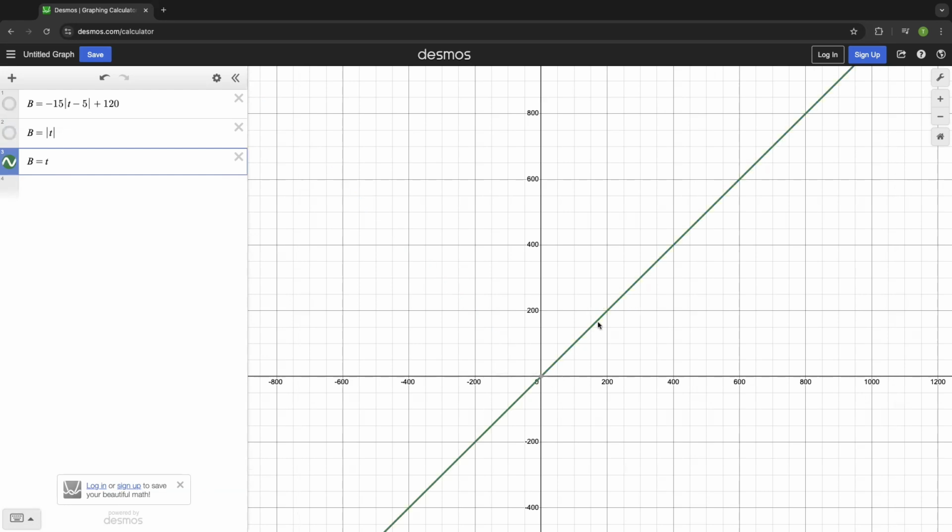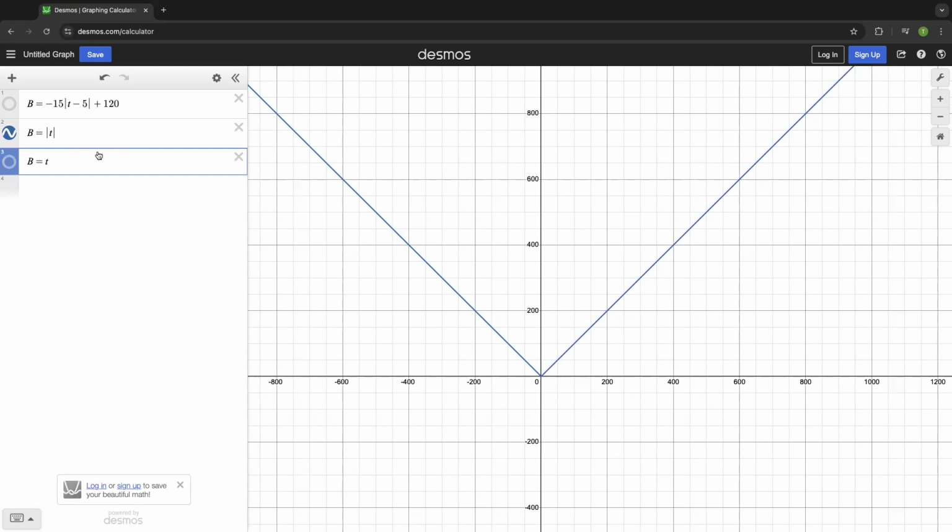You see how this is a straight line and it just goes down to the negative here. In the absolute value, remember, anything that's negative gets reflected and becomes positive, which is what is happening here. This green part is just getting reflected across the x-axis and becoming positive. So that's our original graph, b is equal to the absolute value of t.